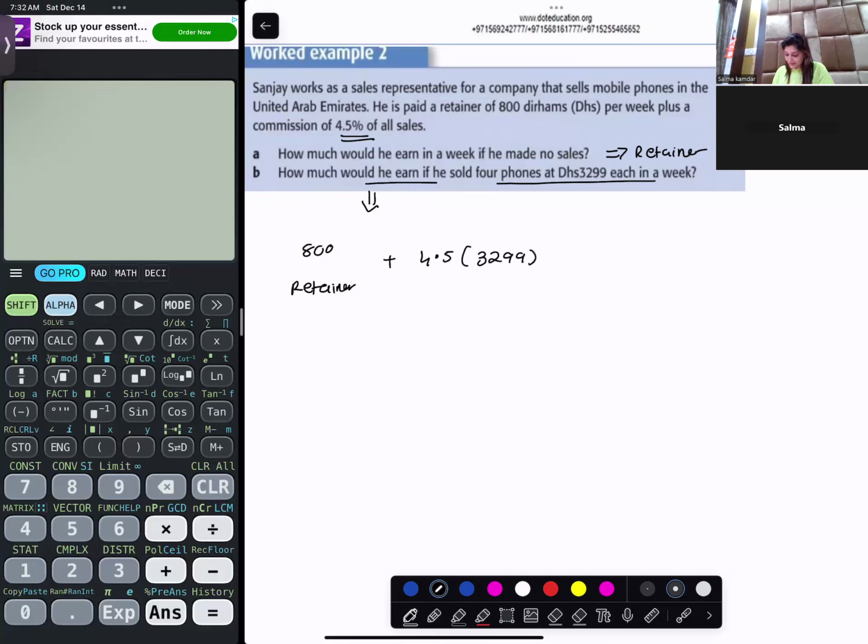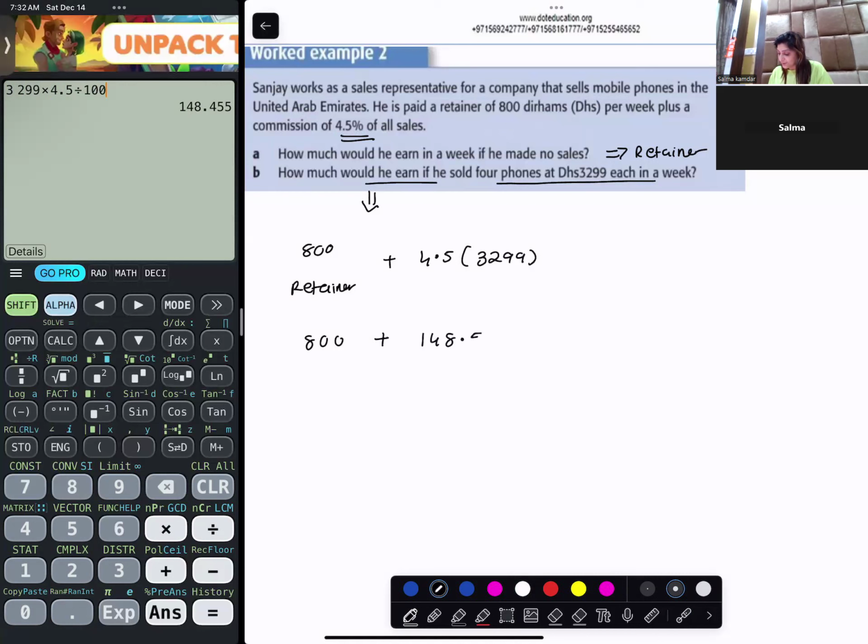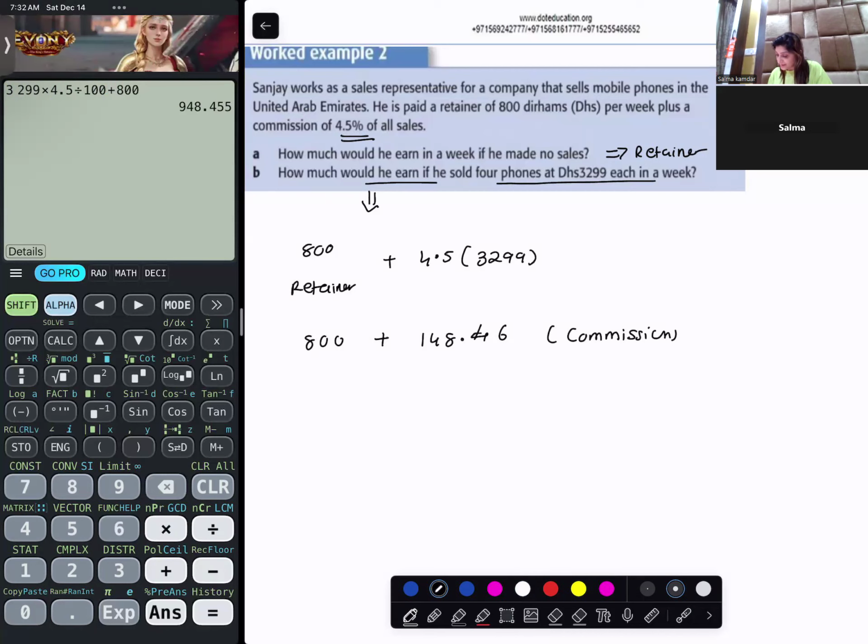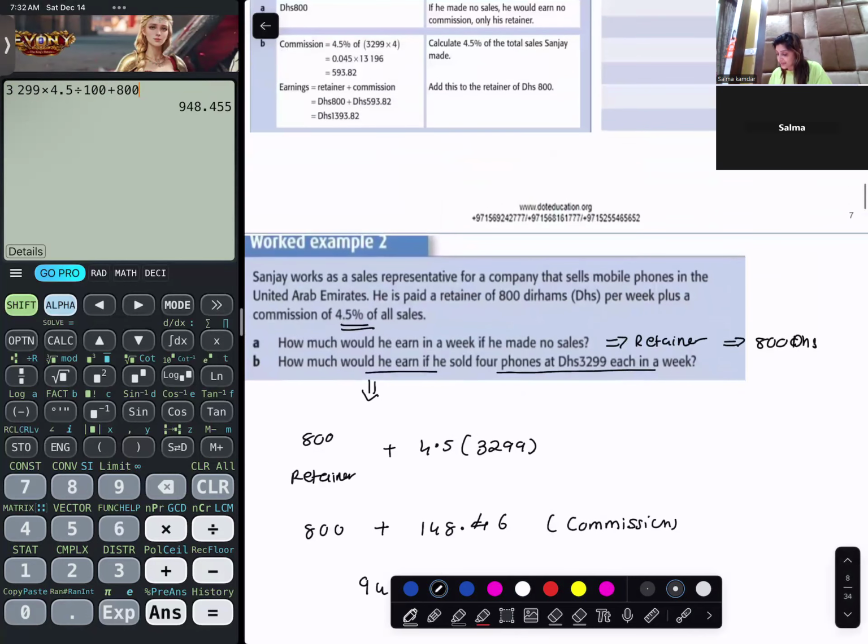If I say 3299 into 4.5%, he's going to get 800 as his retainer, plus he's going to get 148.46 as his commission. So the total that he is going to get is 148.46 plus 800. So he would earn 948.46 dirhams in a week.